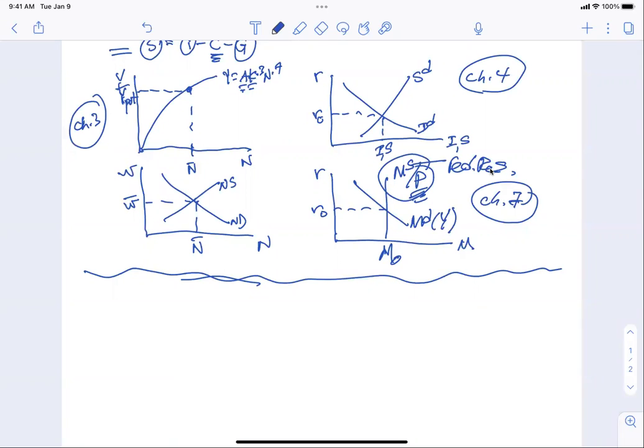As GDP increases, you need more money, more bank accounts to buy more stuff, because consumption goes up with income. Less income, less consumption, so money demand is going to shift, but not a lot. And the point is, if the Federal Reserve knows that, they can shift the money supply to get the interest rate wherever they want it.